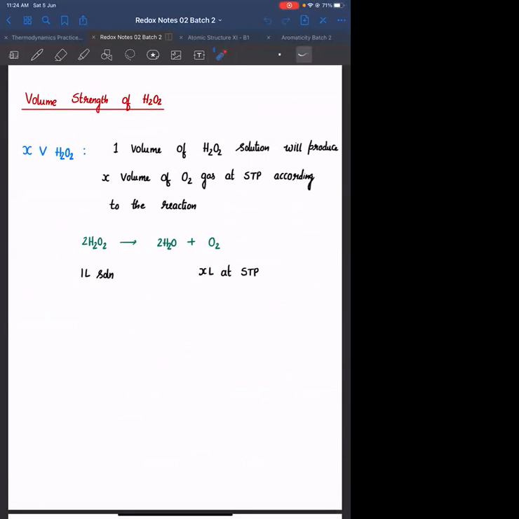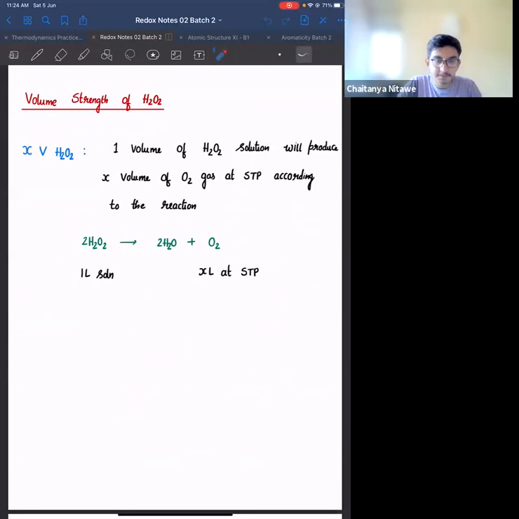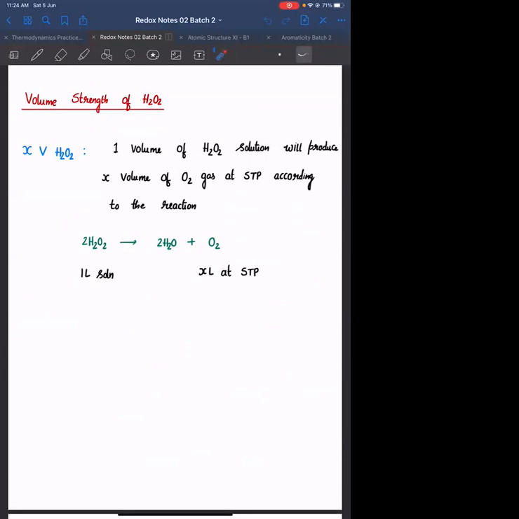Molarity, molality, mole fraction, percentage weight by weight (mass percent), volume percent, percentage weight upon volume, ppm, ppb, gram per liter, etc. These are the general concentration terms, and out of these, molarity is the most commonly used, or it is the default concentration term. In case of H2O2, hydrogen peroxide, we use another concentration term which is called volume strength, and this is exclusively used for H2O2.